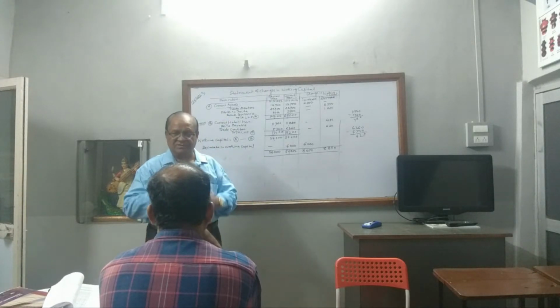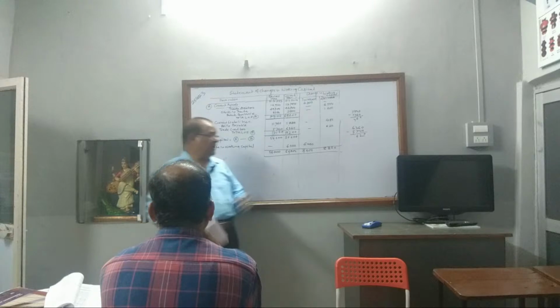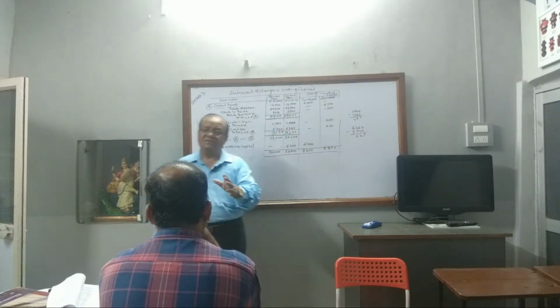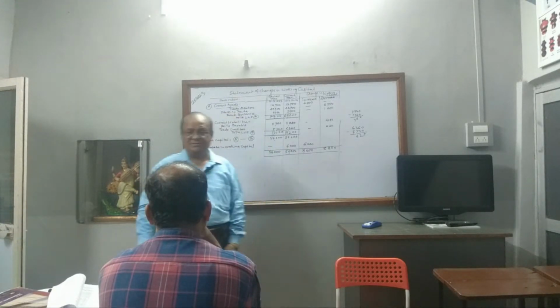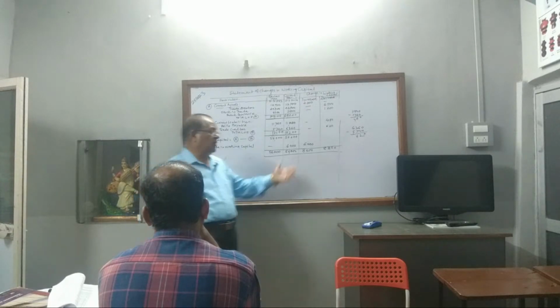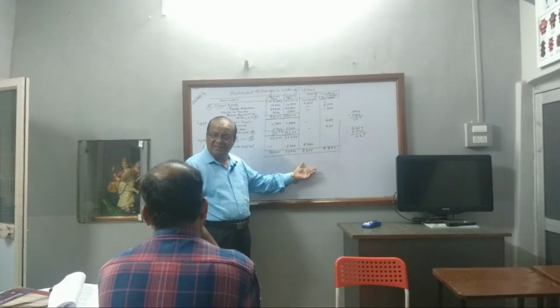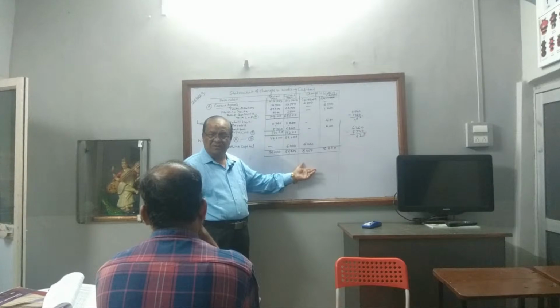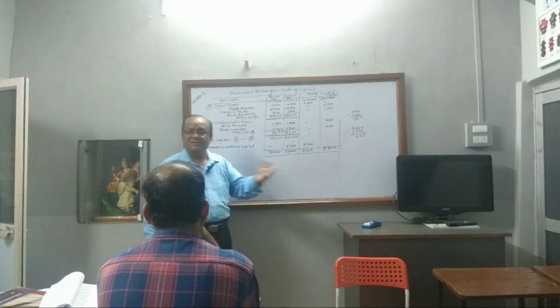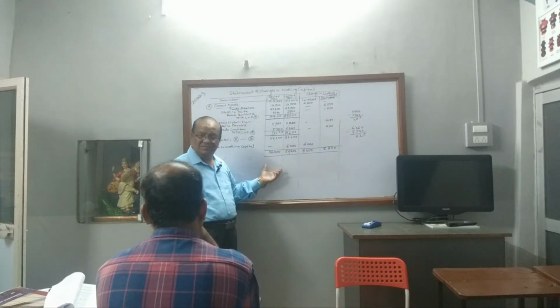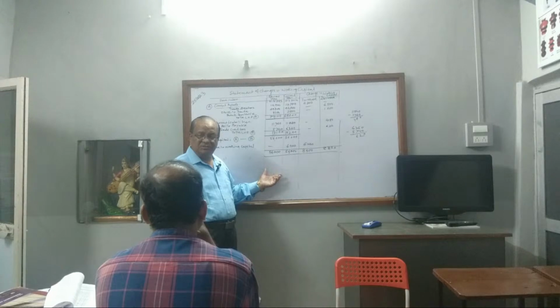So these are the sources. Then how you utilize those funds, how you make the application of this fund? From those funds, you will purchase a building. If you sell the building, you get a source by means of sale of building. Sale of furniture, sale of building, issue of shares, issue of debentures, loan taken: these are the main sources to you.